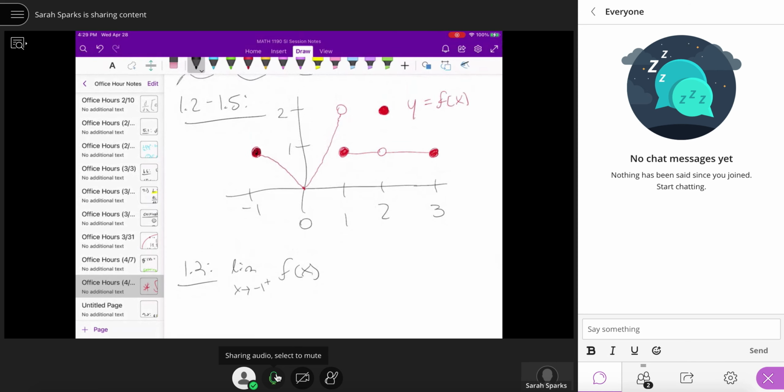So that means we're going to look at -1, and we're going to look at the function as it's coming from the right. Okay, so we don't care about the two-sided limit, we care about where it's coming from the right, because it would be different if this was a two-sided limit.